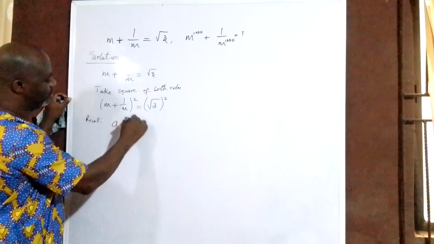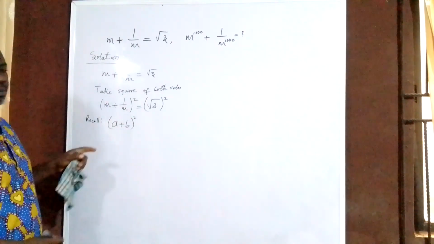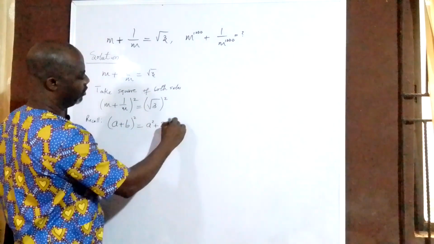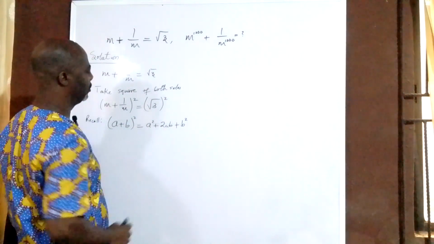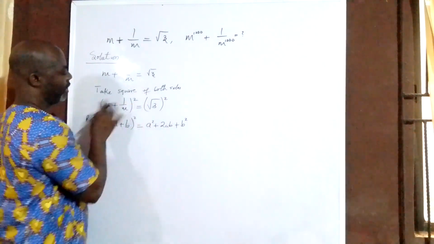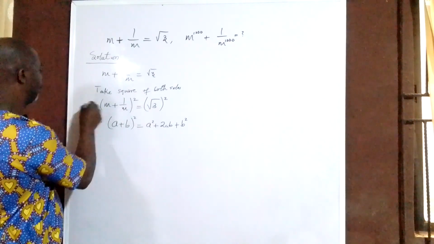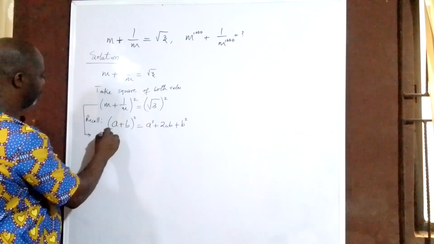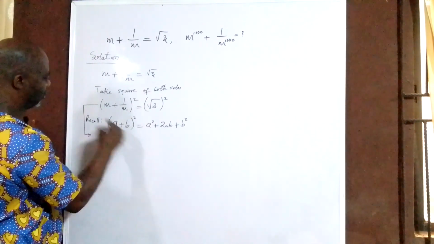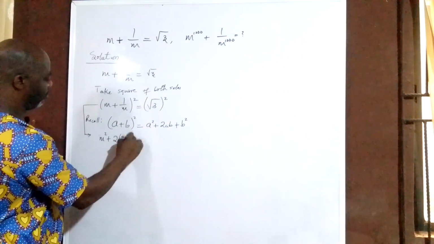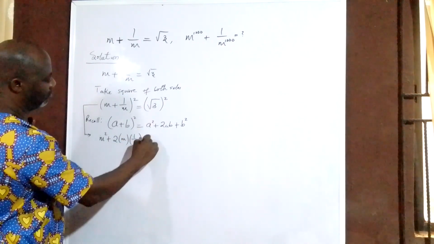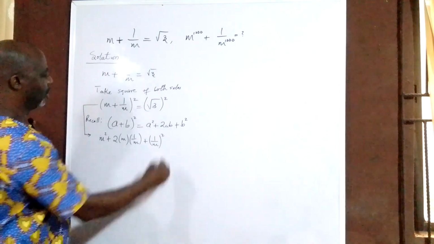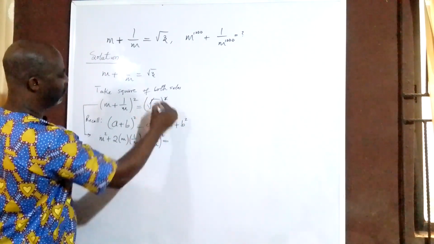Okay, so now recall that (a plus b) squared, that's an algebraic identity, is a squared plus 2ab plus b squared. If I apply this to the left hand side, this will become m squared plus 2 times m times 1 over m plus 1 over m all squared, equal to 3.